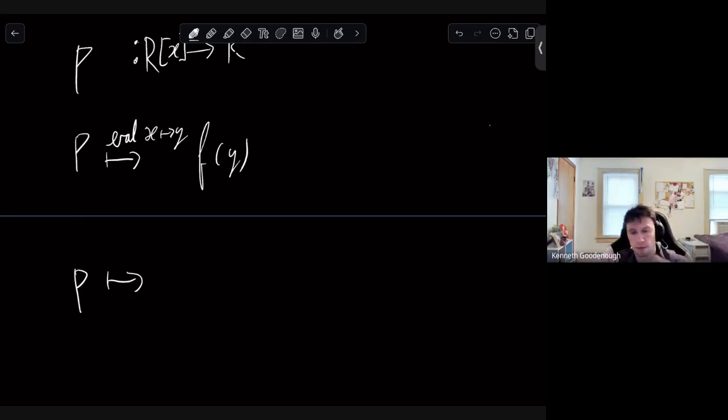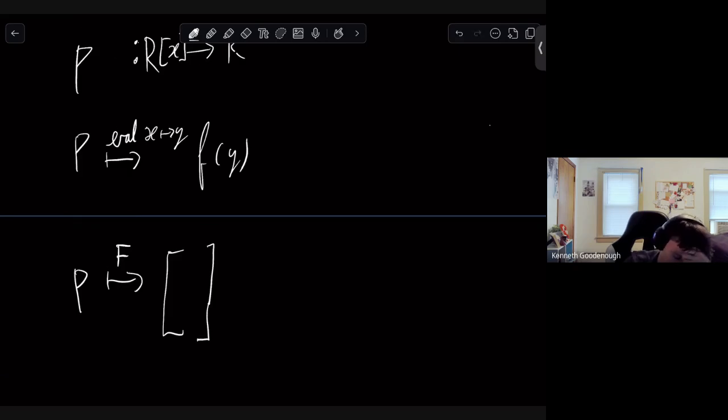I can take the above homomorphism and extend it and apply it d plus 1 times, where now the evaluations are at very specific values, namely the d plus 1th roots of unity. So I'm going to call this F for Fourier transform. And what I'm doing here is just applying the evaluation homomorphism on each of the entries for the different roots of unity.